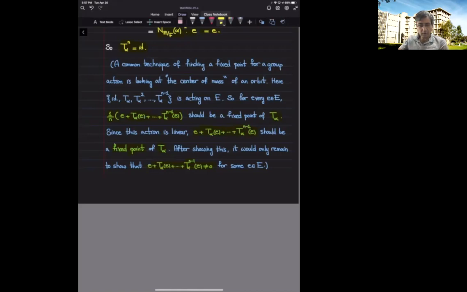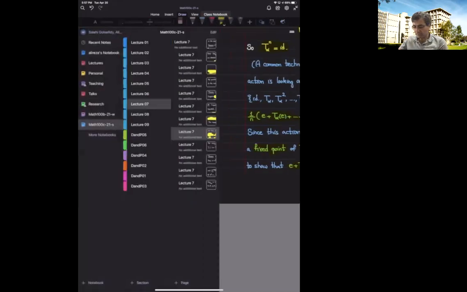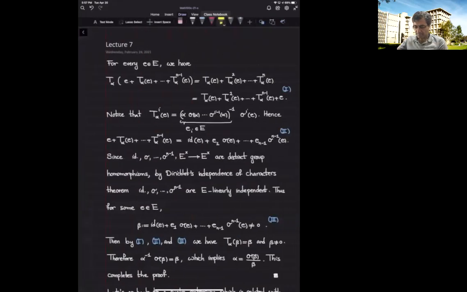Let's start by arguing why this is a fixed point of T sub alpha. I apply T sub alpha to this summation. I use the fact that T sub alpha is linear. This means I can apply T sub alpha to the first one, then to the next one, then to the next one, and to the last one.